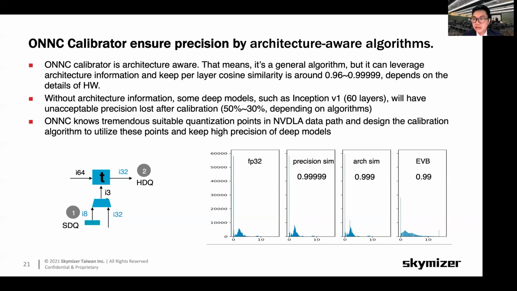They convert, like, INT32 to INT8. We could use the ONNC Calibrator to fully utilize this hardware support. By doing so, we could design a good calibration algorithm to utilize these points and keep high precision when you use integer-based deep learning accelerators.